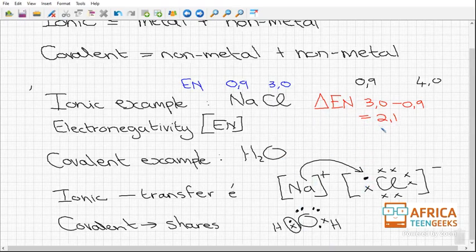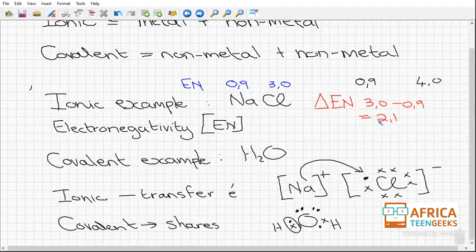And that makes sense with this electronegativity difference. Okay, this electronegativity difference says, well, chlorine really wants these electrons. Sodium's kind of going, meh, I don't know, maybe not. And so chlorine will take the electrons of sodium. Okay.